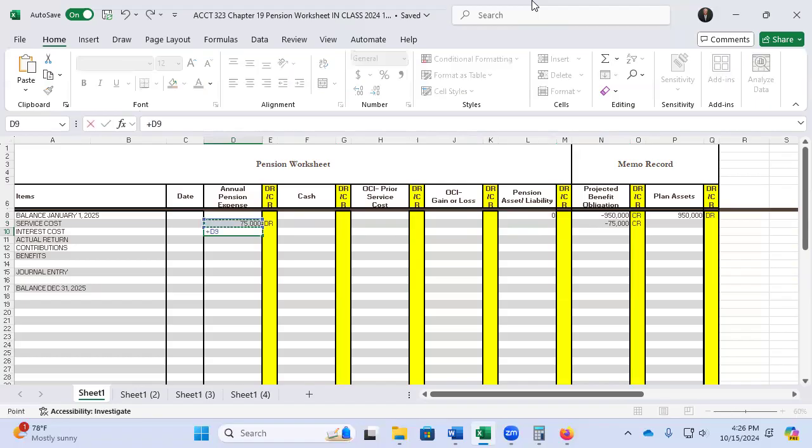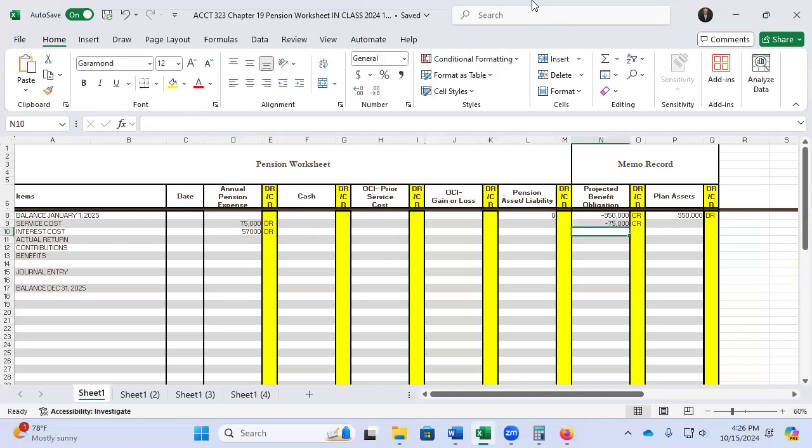Now we're going to take the interest cost. What we do is multiply the projected benefit obligation by the settlement rate, so 0.06. And we get 57,000. That's also a debit. It increases our obligation.